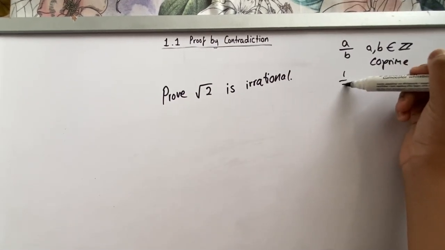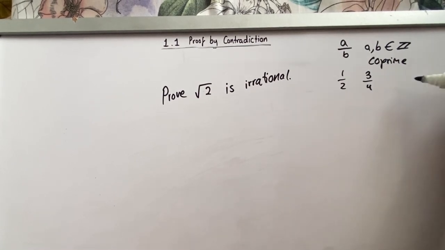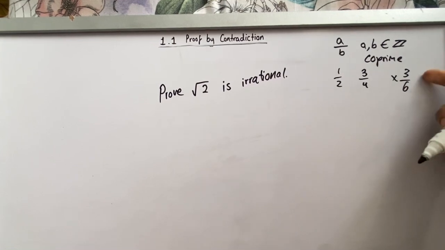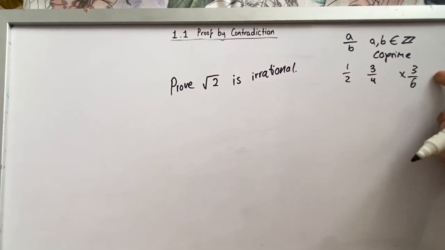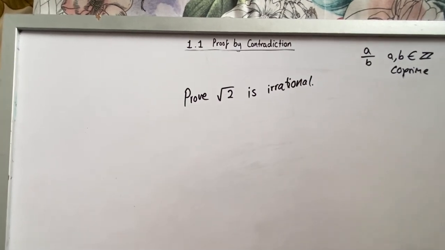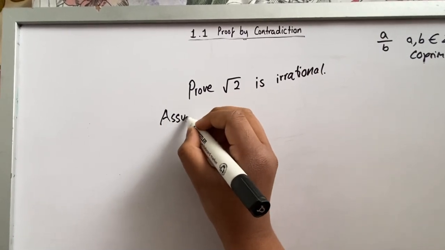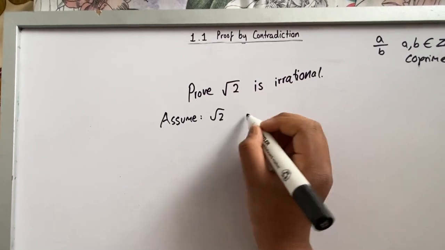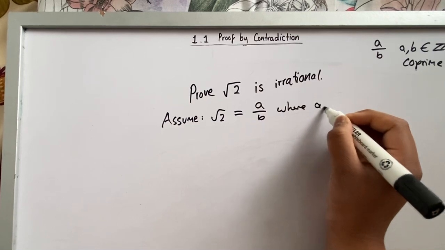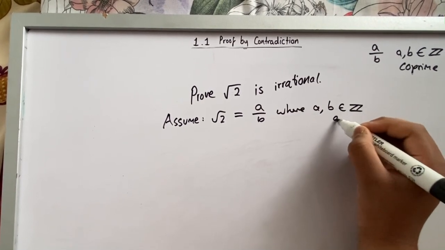For example, a half is rational and maybe 3 over 4, but not 3 over 6, because the greatest common factor here is 3. So let's set up our assumption. The assumption is that root 2 is rational, is a over b, where a and b are integers and are co-prime.